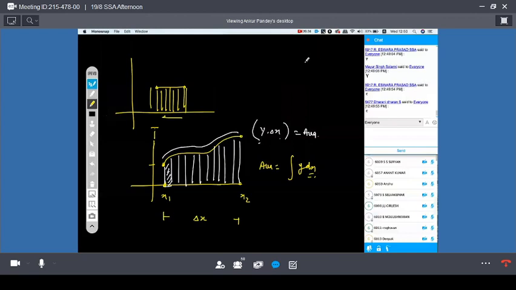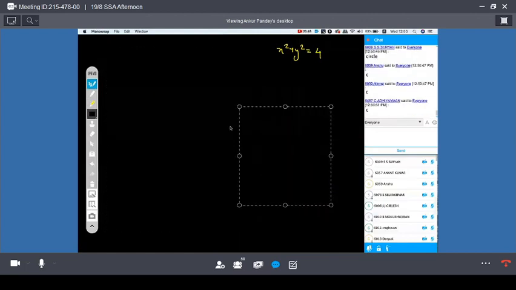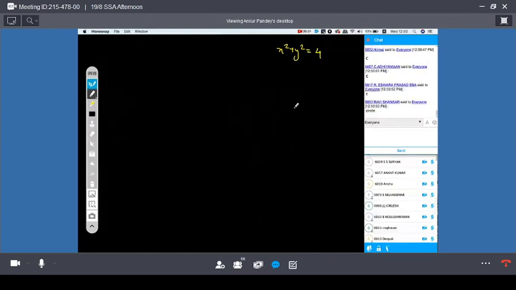Yes, guys. Simple question. What is this equation of? Circle, everyone. Everyone says circle, right? What is the radius?